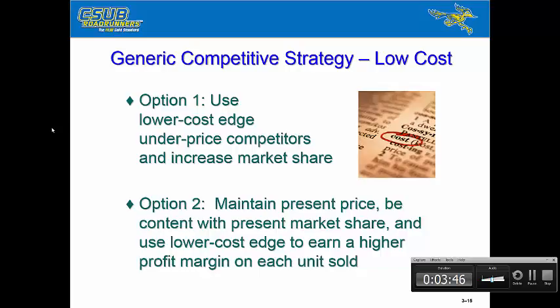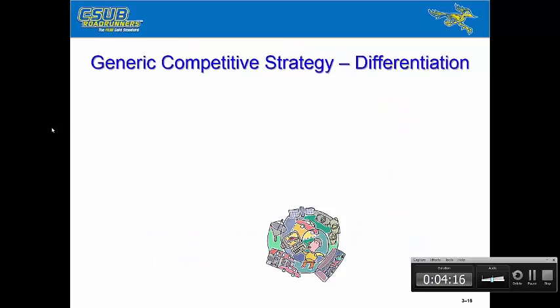We were just the same as the rest of the competition, but we had huge economies of scale and scope when it came to the databases that we had to keep track of candidates and keep track of all of our customers. So we had very low costs per transaction, but we didn't actually pass those on to the buyers. We kept those as high returns. So two different ways of doing low cost.